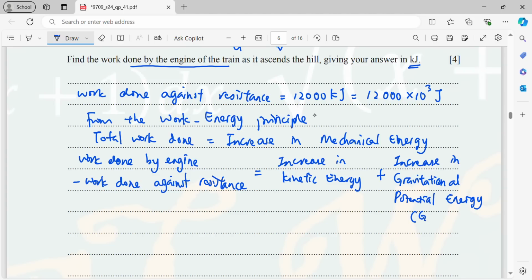This is our GPE, and the kinetic energy is actually KE.